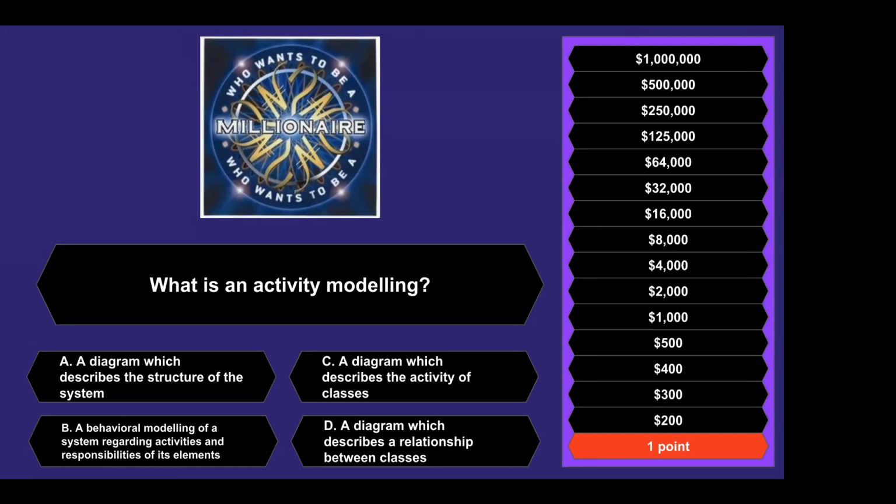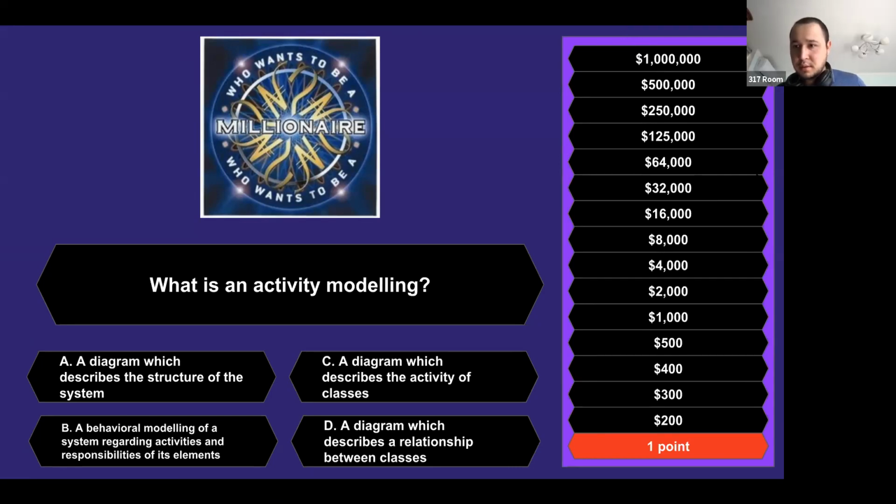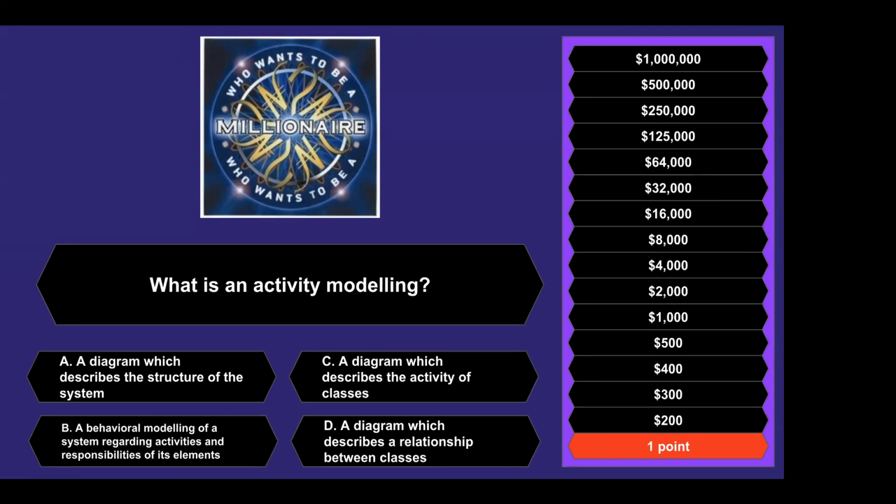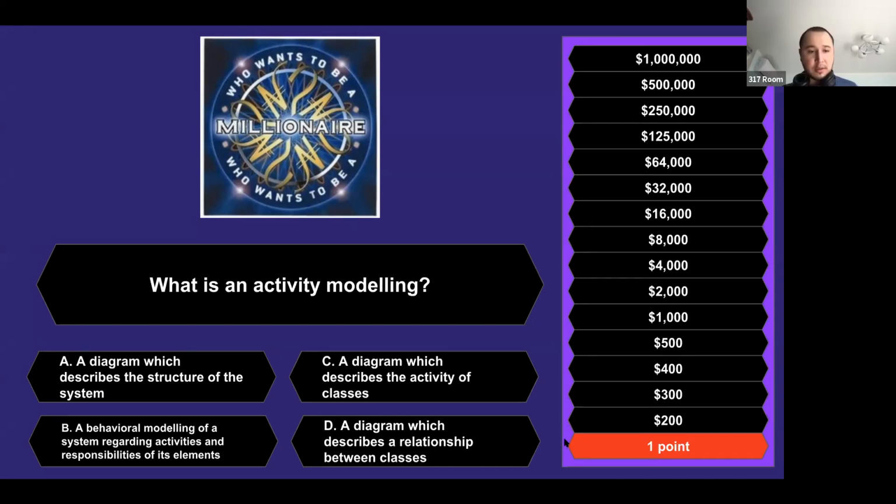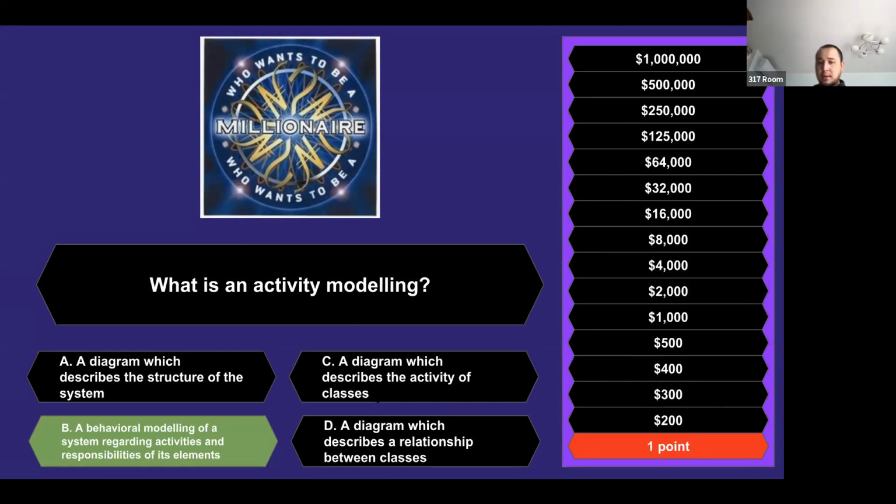Can you hear me? Yes. I believe the correct answer is, let me think for a bit, B. Okay, so behavioral modeling of a system regarding activities and responsibilities of its system. And you're correct. Thank you, Jamil.